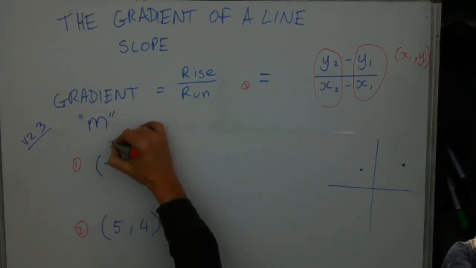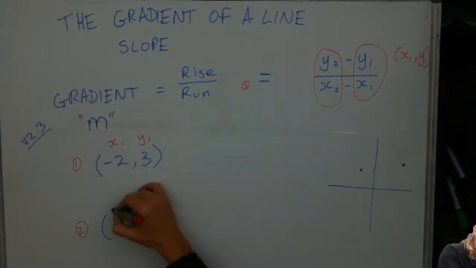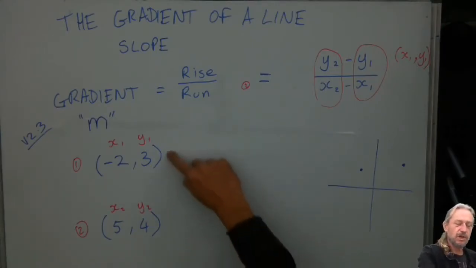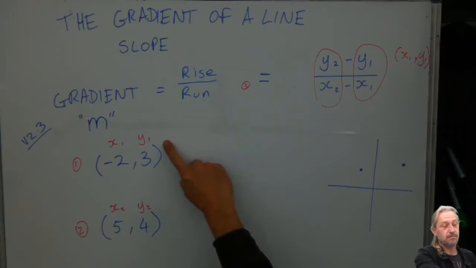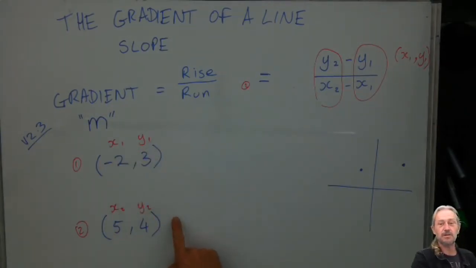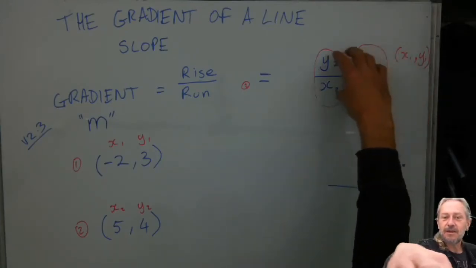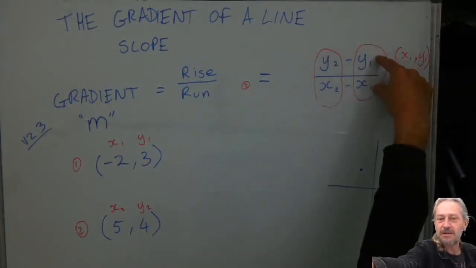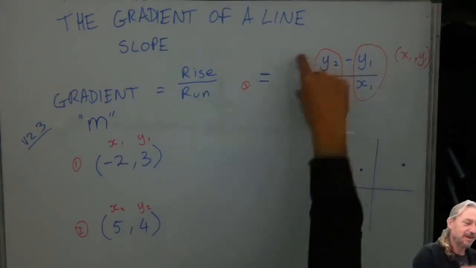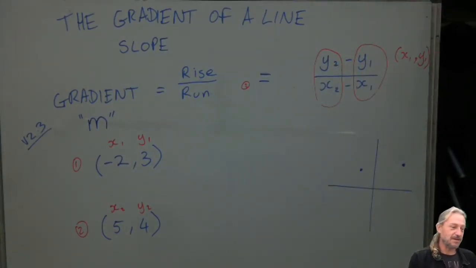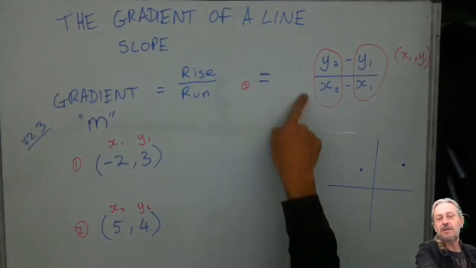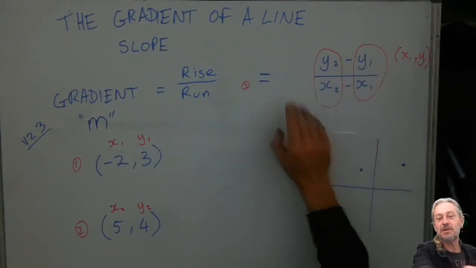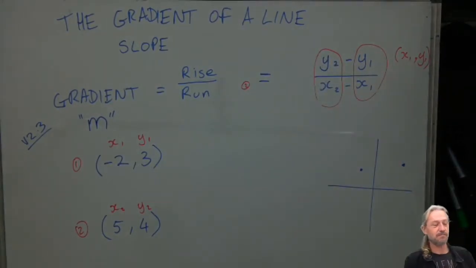So just above, I'm going to say that's x1, y1, x2, y2. Now it doesn't matter which one you call x1, y1 and x2, y2, but what it will do is mean that these two from this one end up in this location, and these two will end up there, and if you end up with a negative slope, then depending on which way round you do it, you may end up with the negative number at the top or the negative number at the bottom.